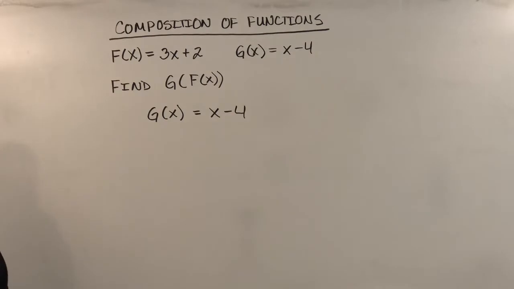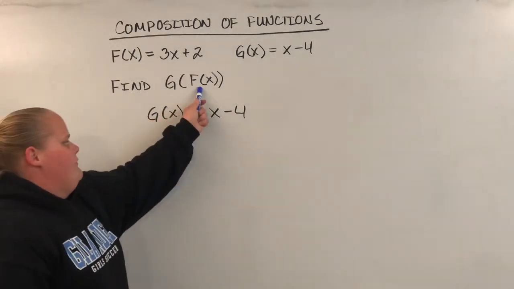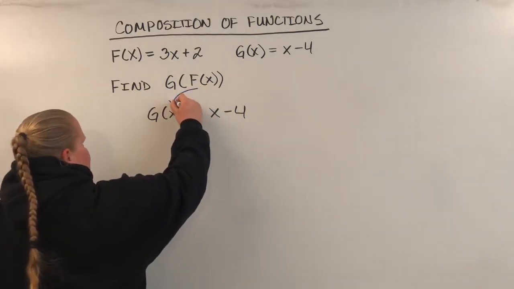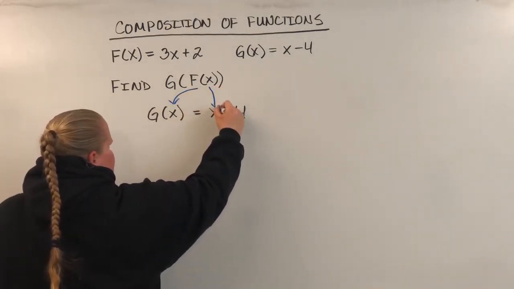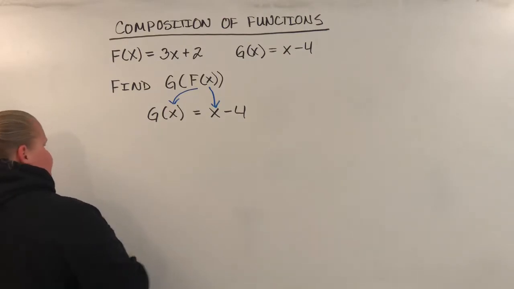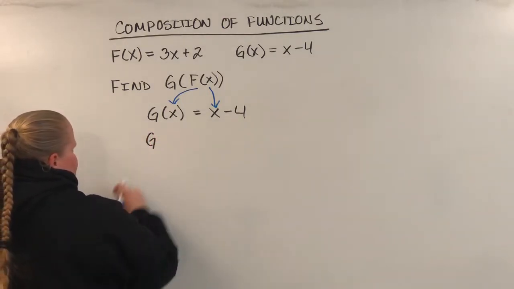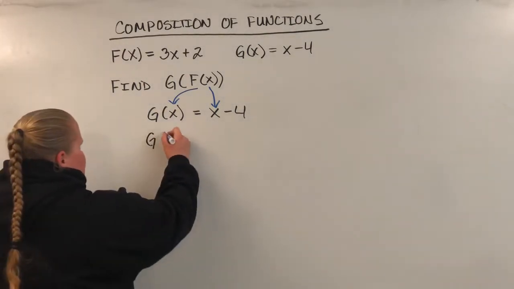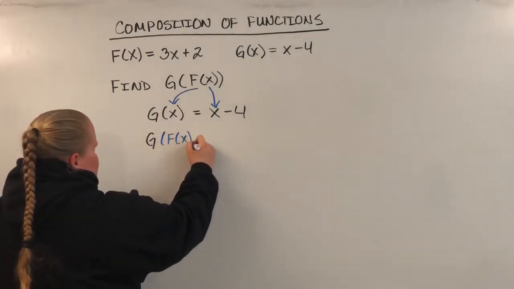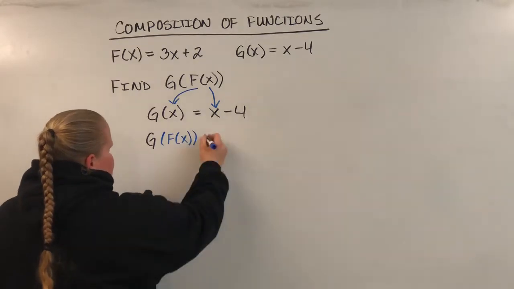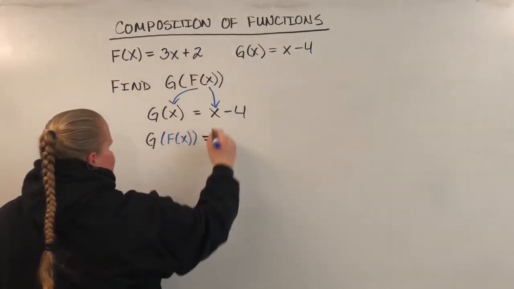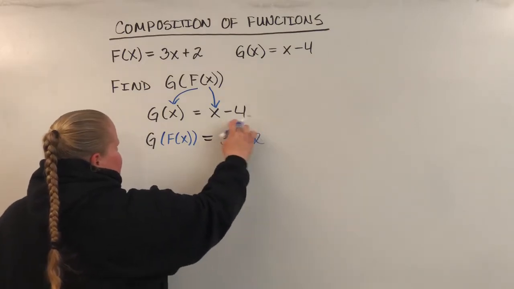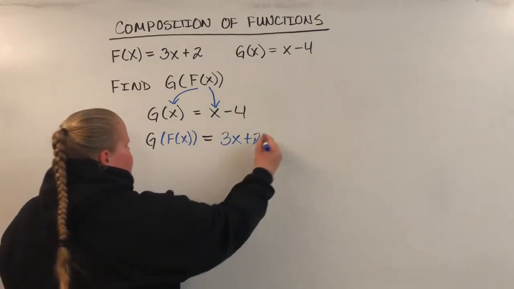G of x equals x minus 4. Now what's inside is f of x, so wherever I see an x, that's what I'm plugging in. So I have g of f of x equals, f of x is 3x plus 2, and I still have to remember that this minus 4 still goes on the outside.